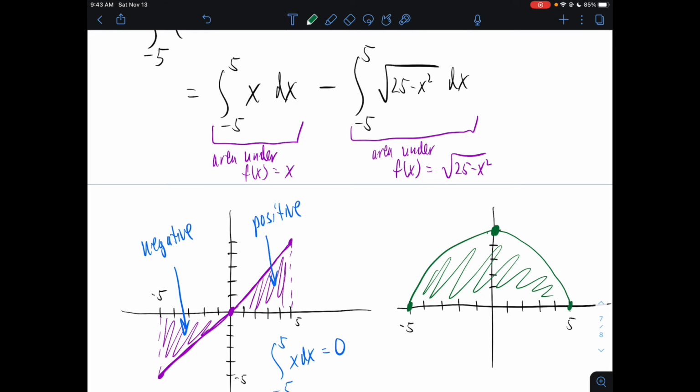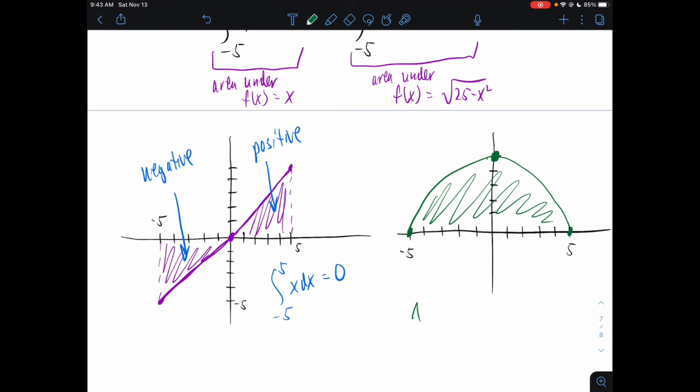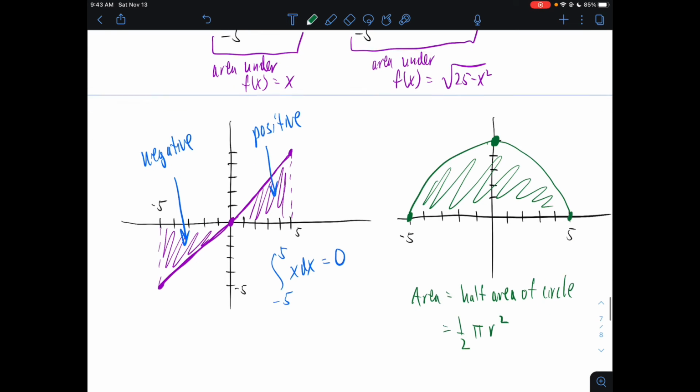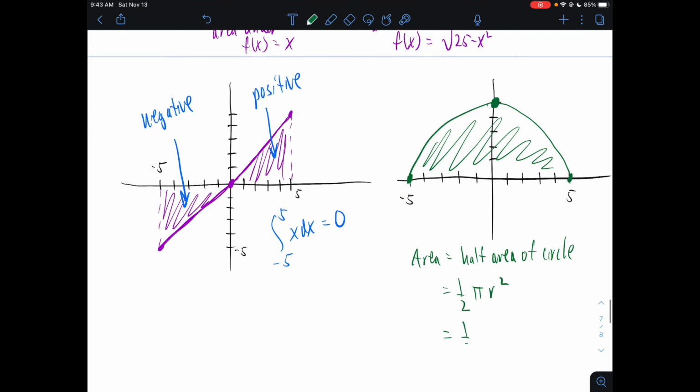That area is half the area of a circle, because it's a semi, or half of a circle. What's the area of a circle? Pi r squared. What's our radius? 5. So in fact, we end up with 25 pi over 2.